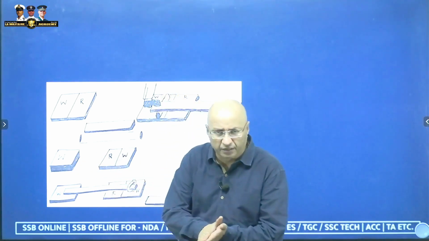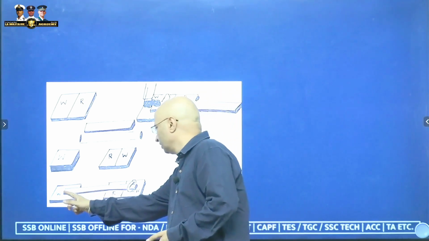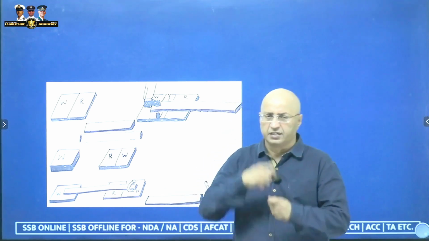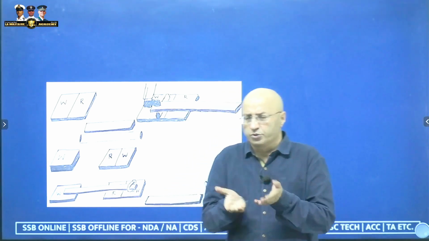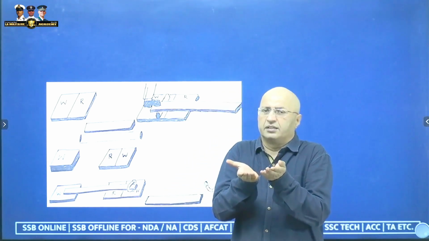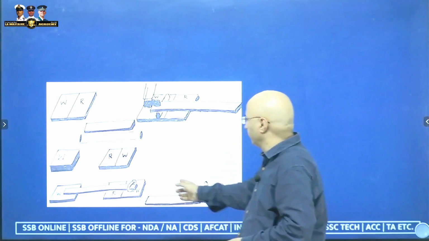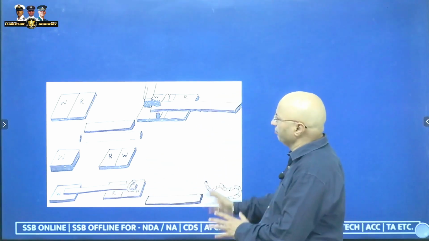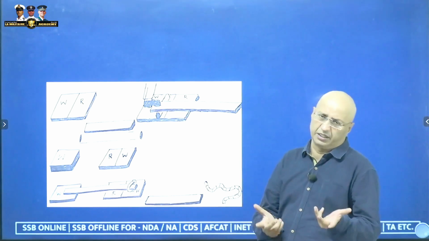If I keep it, it will touch red. This will be a problem. So what has he done? He has kept it in white, but in the lower portion of the plank he has tied a rope. So automatically the rope has given it height. So without touching the red, he will be able to reach the white portion. These are all methods of the lever technique, which is the third rule.